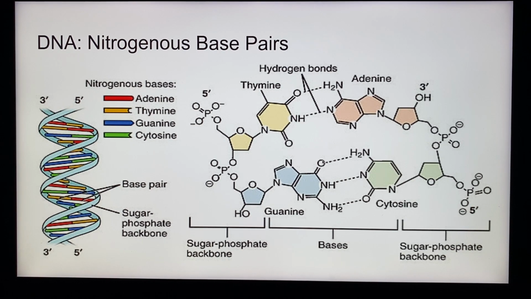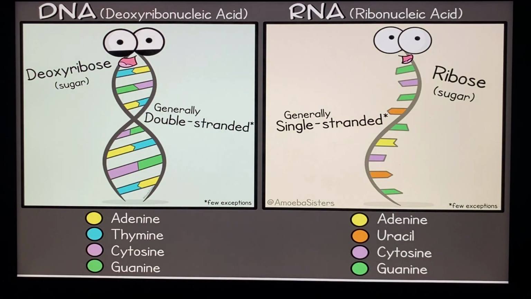Except when there's RNA, an RNA strand. RNA is formed in the nucleus, exits the nucleus into the cytoplasm, and then goes to the ribosome, where it helps to make proteins.